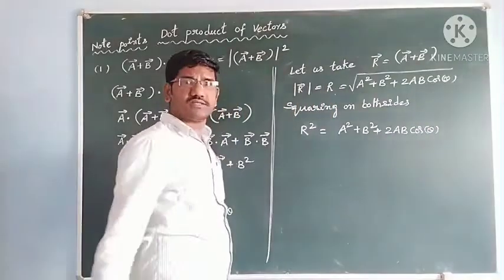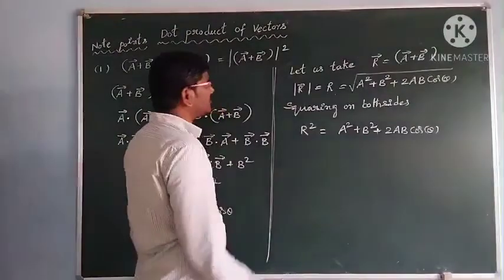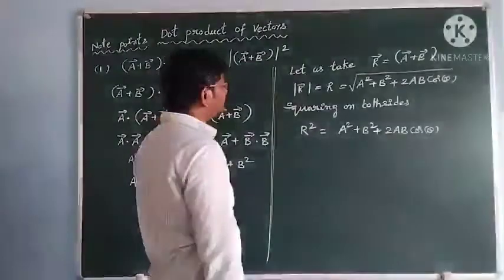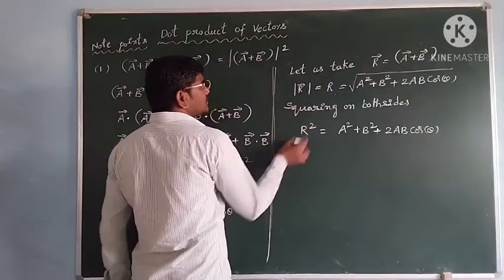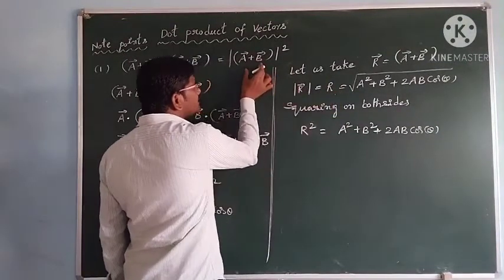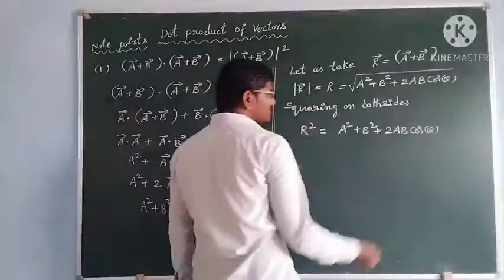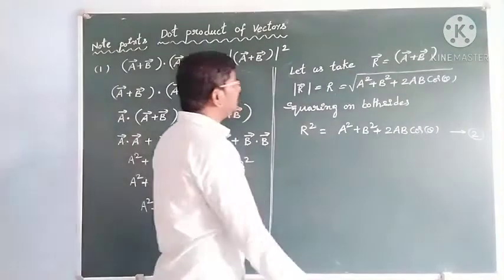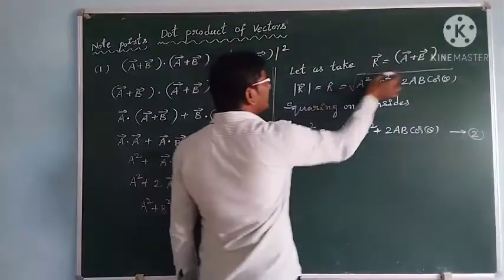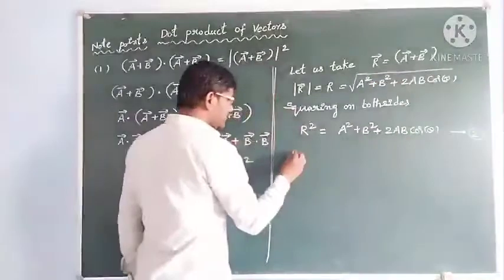Okay students, this is the R square value. It is nothing but the modulus of (A bar plus B bar) whole square you are taking. R square is equal to A square plus B square plus 2AB cos theta, which is equation number 2. And we know that R is the magnitude of A bar plus B bar.